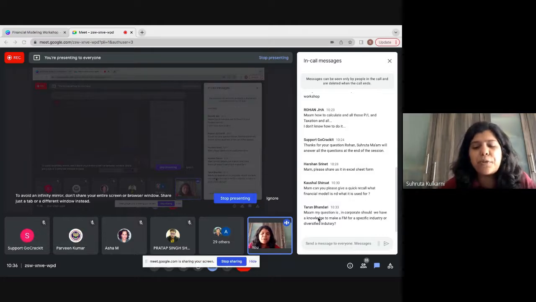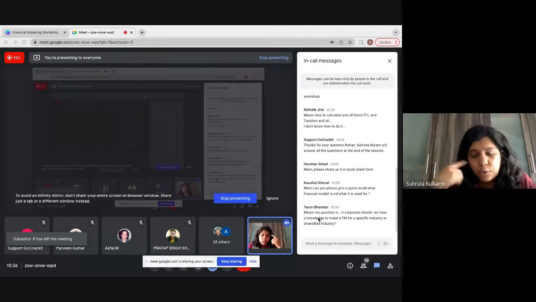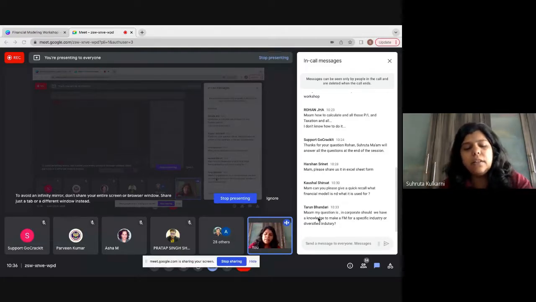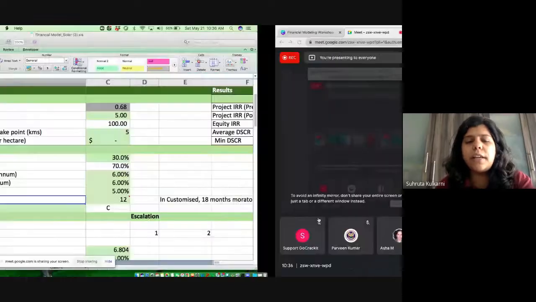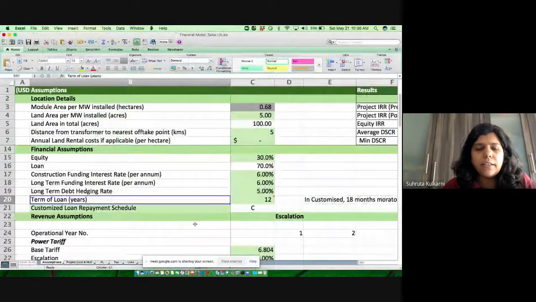I'm never going to do that. Whereas if you are setting up a shoe manufacturing company, then you need to have marketing and advertising expenses as well. So that is how you need to think through what industry you're working on, and hence what kind of assumptions you will need in your financial model.